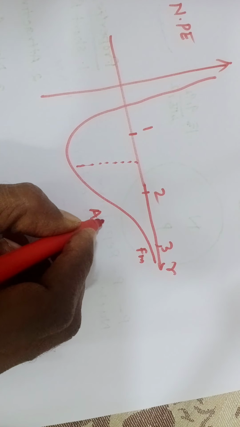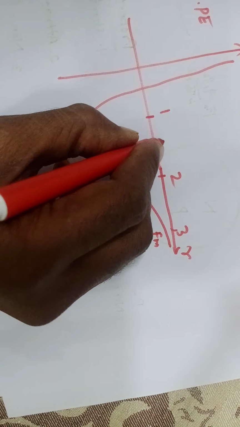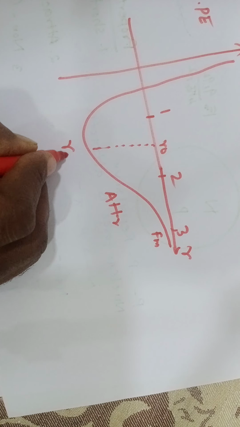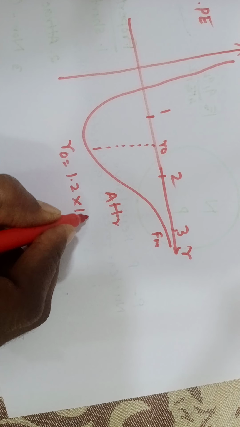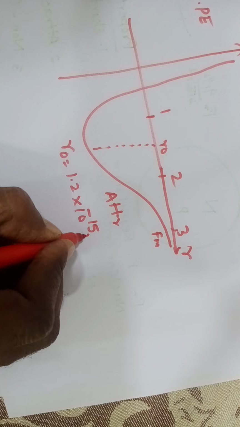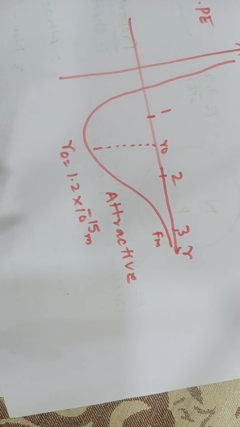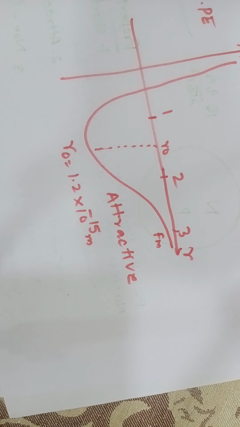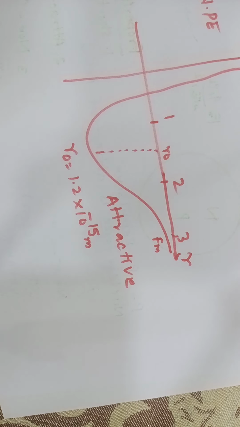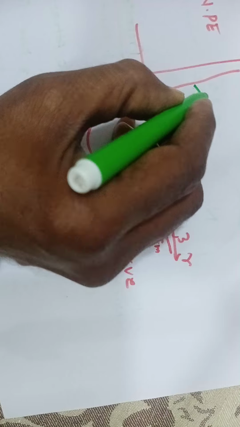Here r0 is 1.2 times 10 to the power minus 15 meter. If nucleons are far apart, the force is attractive in nature, and when they are very, very close, it becomes repulsive in nature.